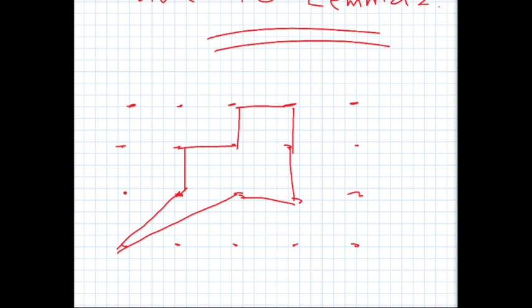Then you can easily calculate the area of this picture using Pick's theorem. Although you can also do it by dividing into squares and triangles, you can also use Pick's theorem here. So this is the video about Pick's theorem, its statement and proof using strong mathematical induction.